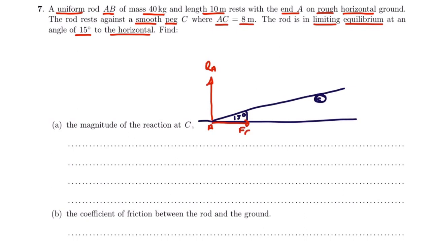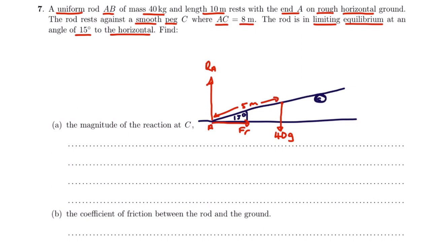We've also got the weight of the rod, and as it was uniform, that is acting halfway along. I'll call that mg, so that's 40g, 40 times gravity, and I'll put a little measurement on, 5 metres.